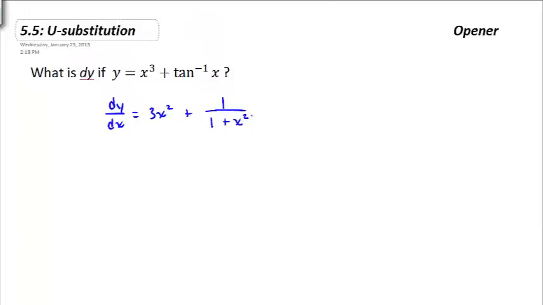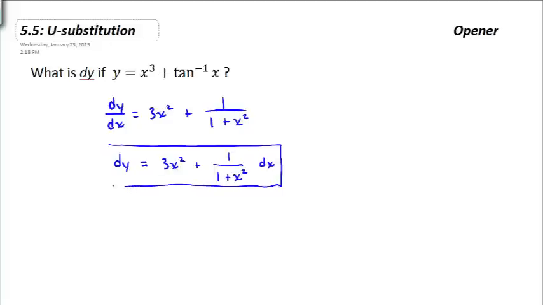And if we're looking to isolate dy, we essentially just multiply both sides by our differential dx. So we'd have the quantity dy is 3x squared plus 1 over 1 plus x squared dx. And this idea of separating out the differentials is going to be important for our technique of U-substitution today.